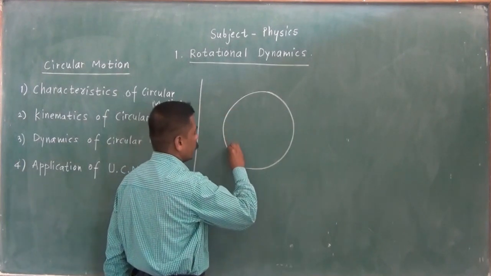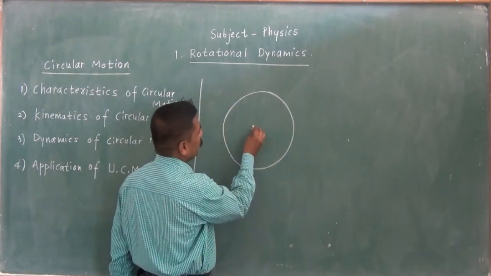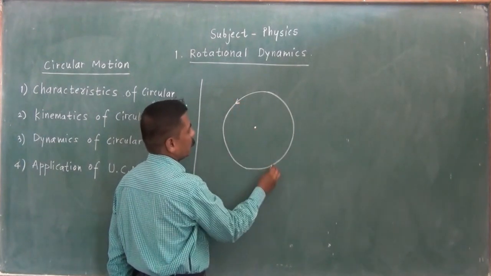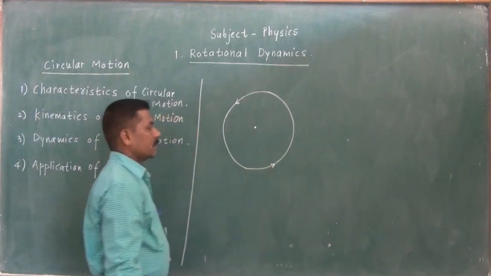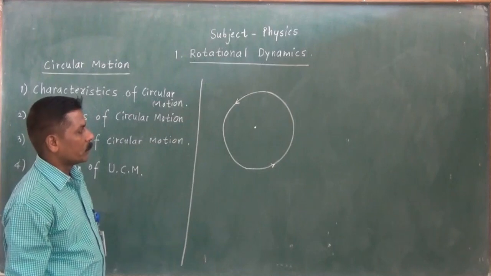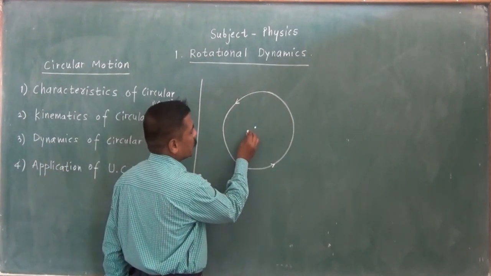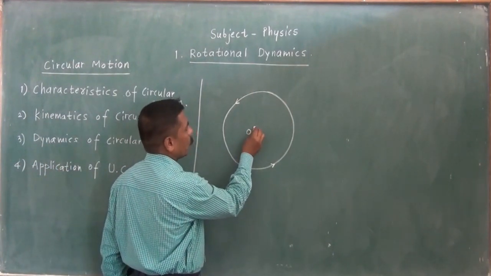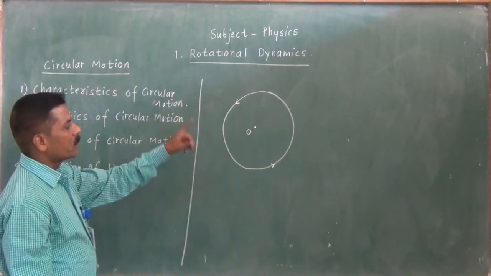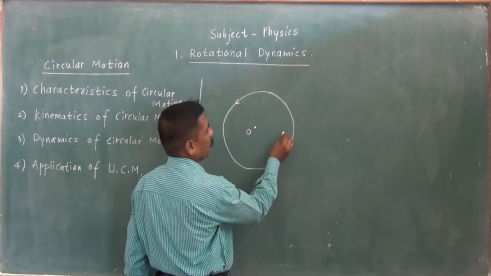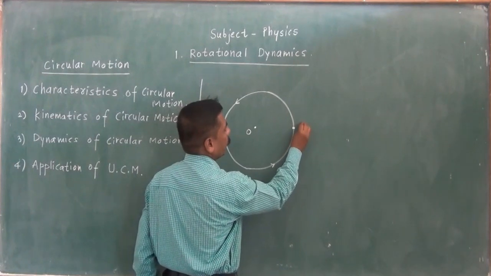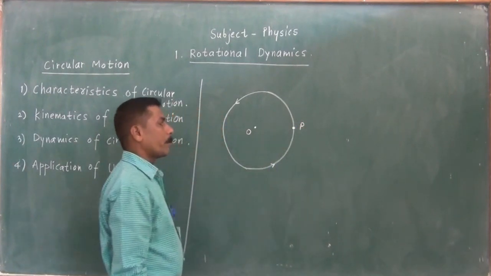Suppose we consider a particle moving along the circumference of a circle. This is shown as the anti-clockwise sense of rotation. This is the center of the circle, which is O. Now if you observe this circular motion, suppose the position of the particle is at P.